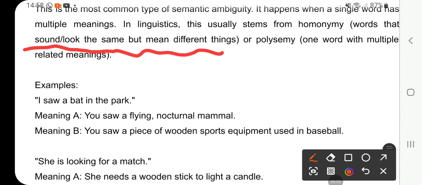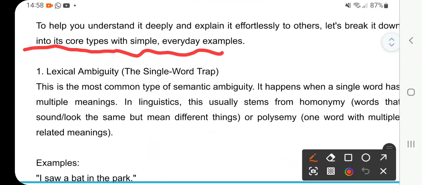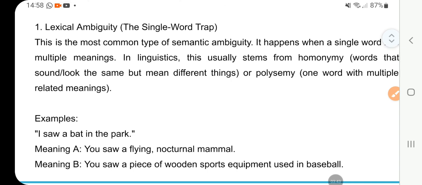Same spelling, same sound, but bat has two meanings. That's a cricket bat or flying mammal, right? So this ambiguity arises because of a single word.